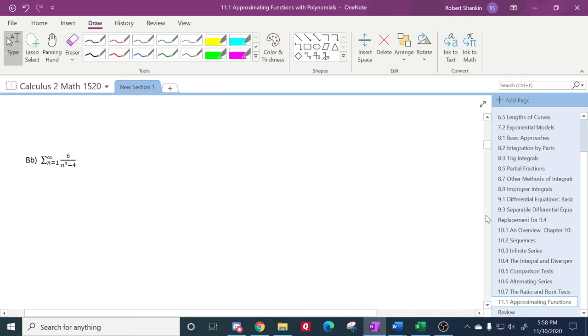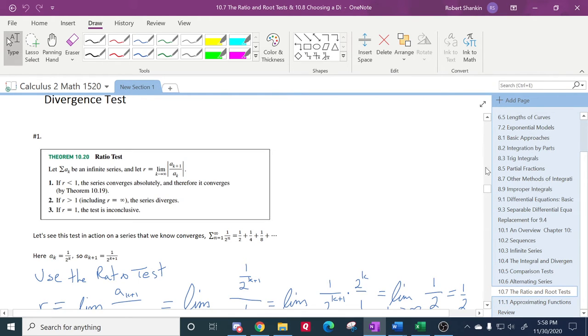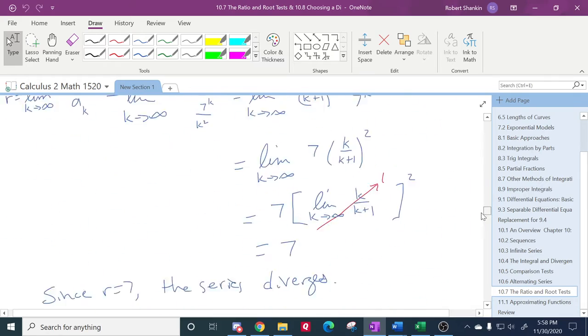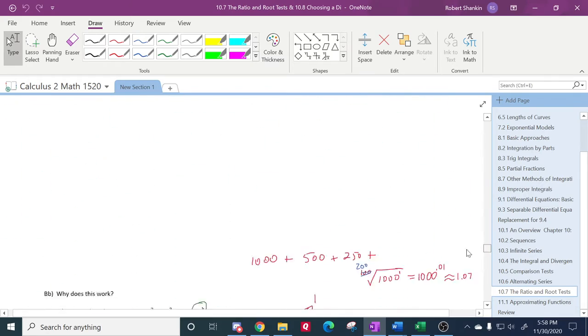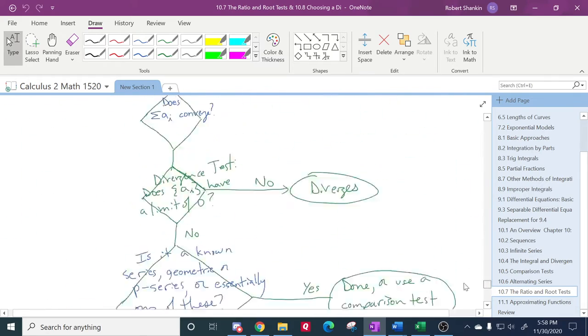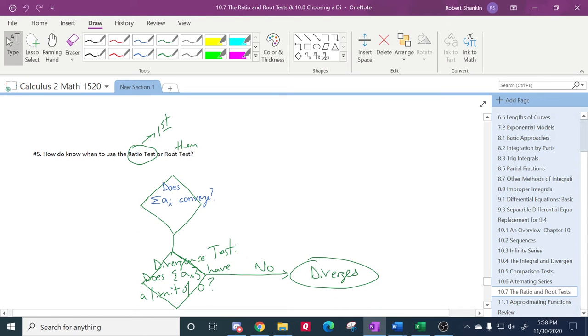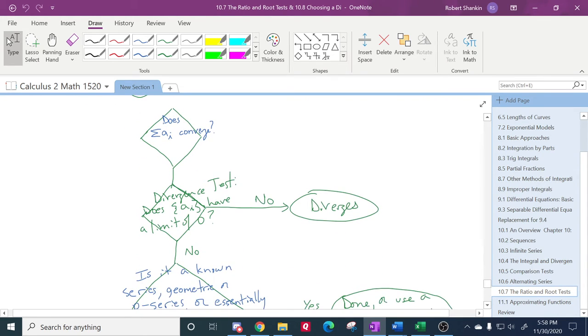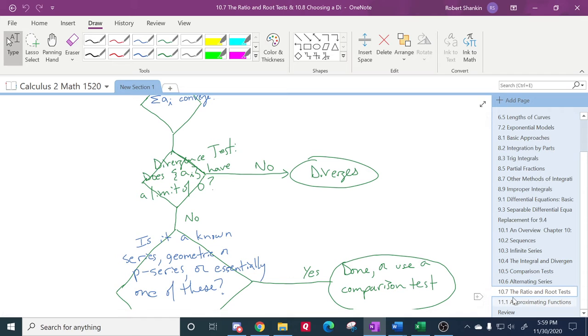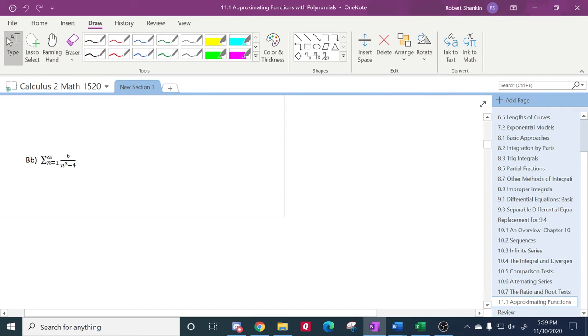So when I look at this, let me jump to this flowchart. We ask, does this thing converge? Well, first of all, does it pass the divergence test? Yes, the numerator is fixed, so the denominator gets bigger and bigger, so the sequence goes to 0. Certainly passes that.